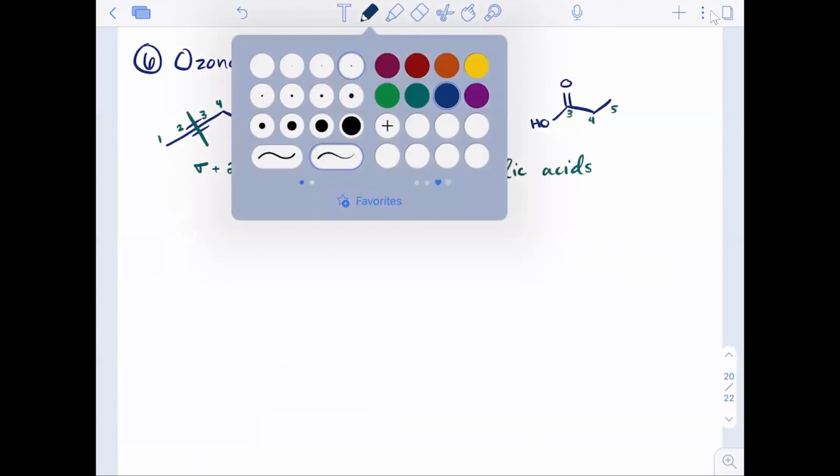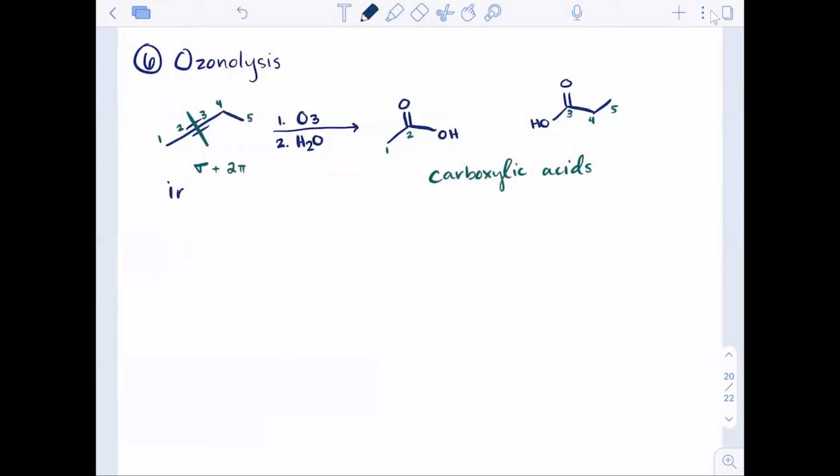Now, that would be an internal alkyne. The only difference for a terminal alkyne, the one at the end, is what happens to that final end carbon. So we'll count again, 1, 2, 3.